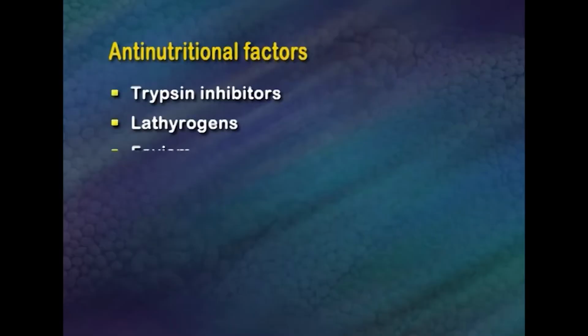This is known as lathyrism. It is reported that when intake of kesari dal is restricted to 30% of total calorie intake, no adverse effects are observed. Therefore, it is important to ensure that the intake of this dal must be restricted to a maximum of 30% of total calorie intake.